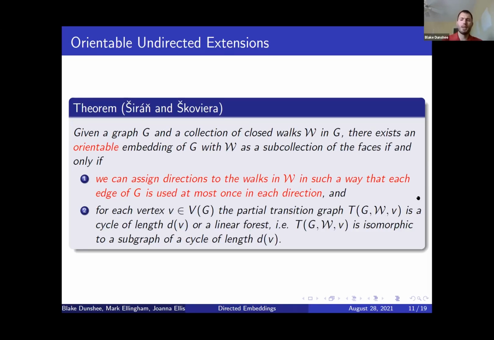I will note that you can also think of this as we need to be able to give a coloring to the walks in W such that an edge is on at most one walk of each of the colors. So we can't have an edge that occurs on two walks that are colored the same.